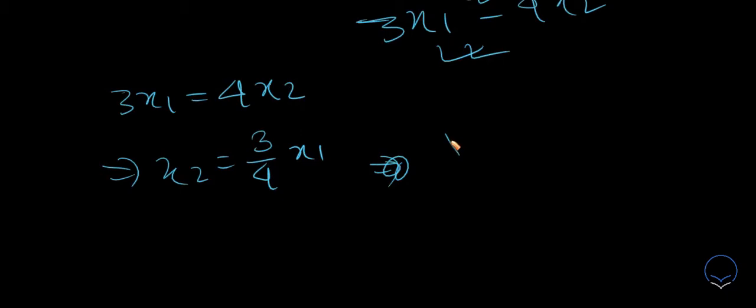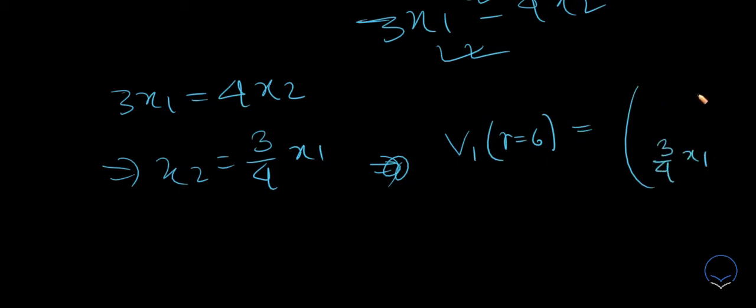So the eigenvector, let's denote it as v1, which corresponds to r equals 6, will be just 3 by 4 x1, and this will be x1. And now I can take any value of x1, and I can even normalize it, but I won't bother with the normalizing. It really doesn't matter.